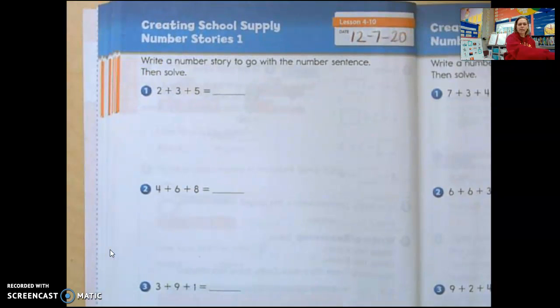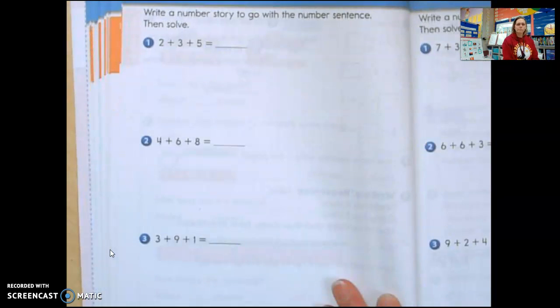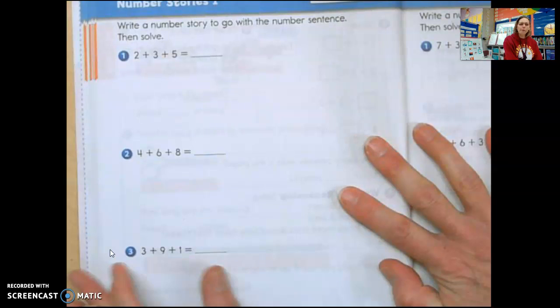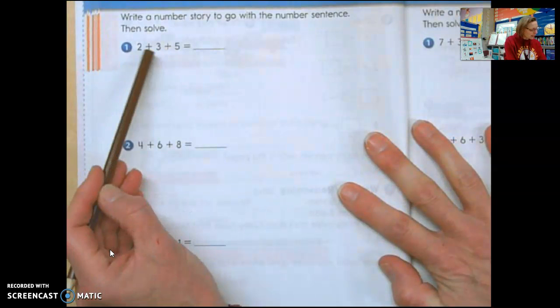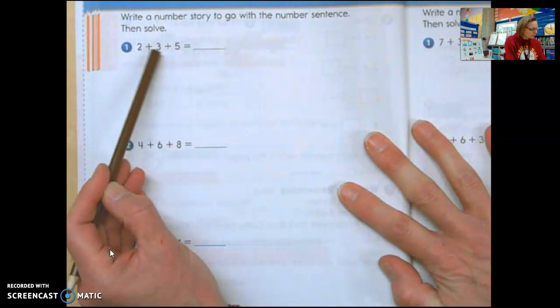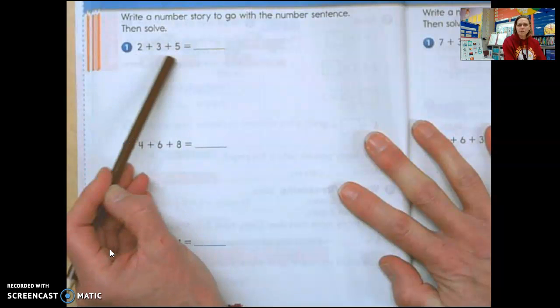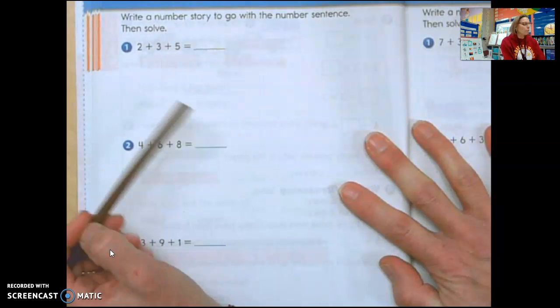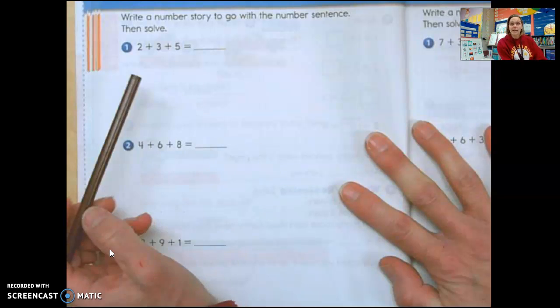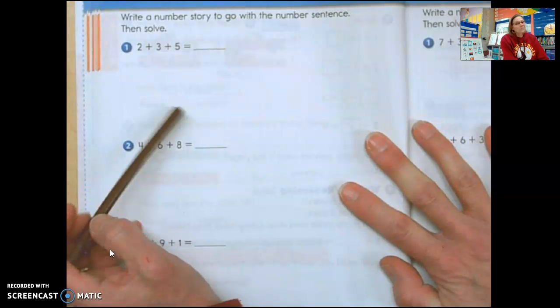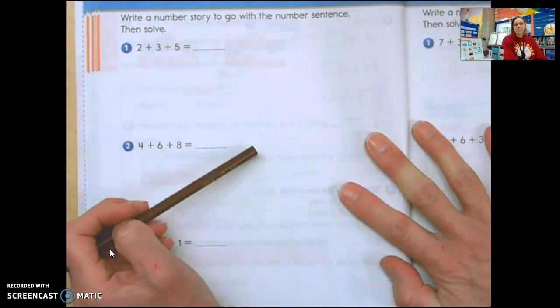Okay, so looking at page 62. All right, on this first problem, do you see anything right now that is a double? I don't see any doubles. Do you see anything right now that could make a 10? I don't see any 2 numbers that make a 10.